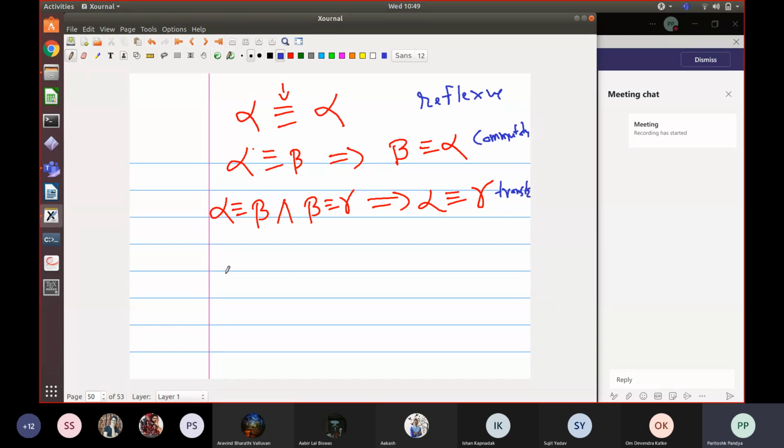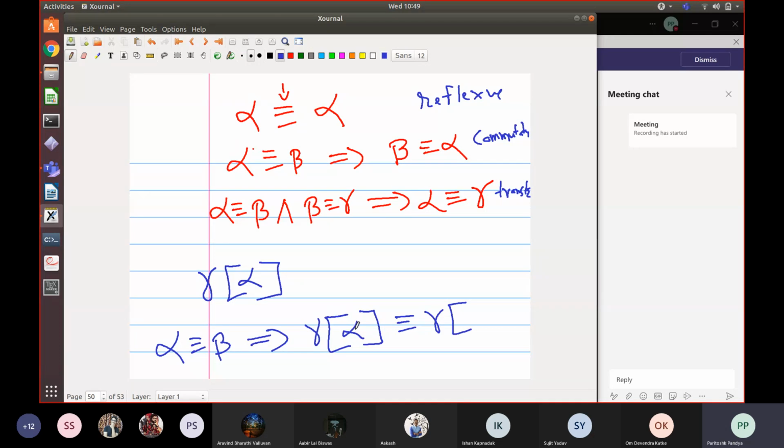And finally, if you've got a complicated pattern gamma, where alpha occurs somewhere inside it, I denote it by gamma of alpha. Gamma is some complicated expression where alpha is a sub-expression which occurs maybe several times within gamma. Now, if alpha is equivalent to beta, then that implies that gamma with alpha occurring in it is equivalent to gamma where you take that occurrence of alpha and substitute it by beta.